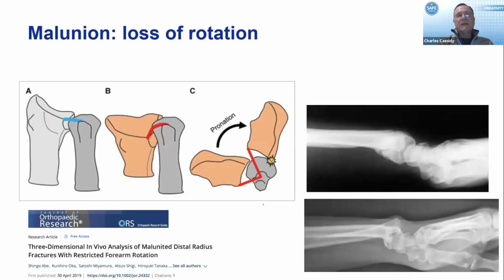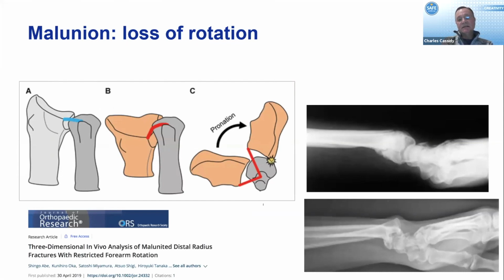We talked a little bit about loss of rotation, and this is an interesting cadaver-based study, where if you see dorsal angulation, loss of volar tilt has a couple of effects. One is the ulna is relatively more volar, and second is that the radial ligaments get tighter in pronation.